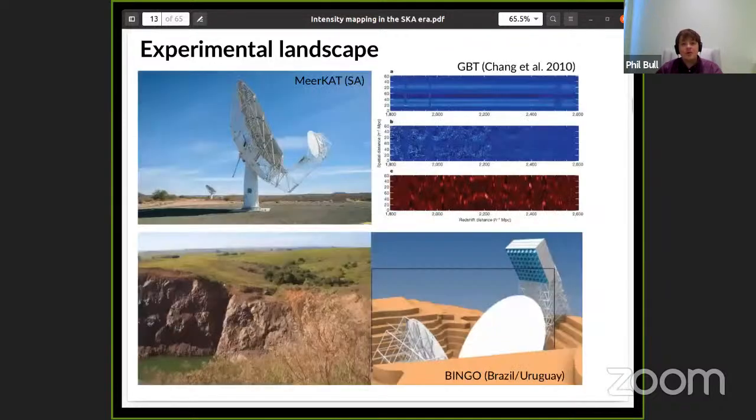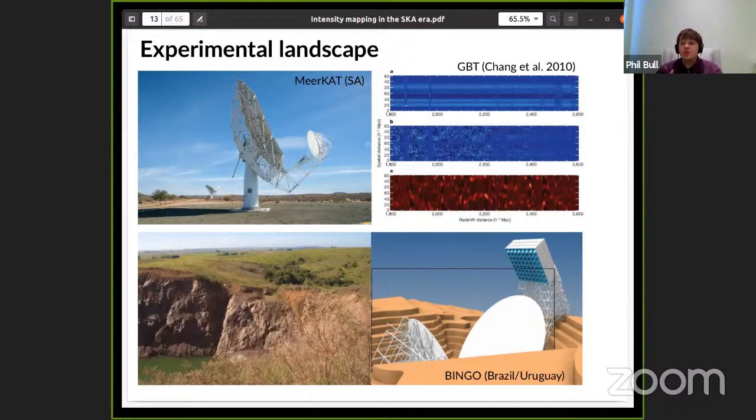So I'll show you a few more. MeerKAT, the one top left, is another one that I work on. This is a precursor to the Square Kilometre Array. Some of you may also recognize BINGO, or the cliff where at some point BINGO was supposed to be built against, and what's probably now quite an out-of-date mock-up of the receiver and reflector system for BINGO on the right, and then various other telescopes like the Green Bank Telescope, GBT, and the Parkes telescope in Australia.